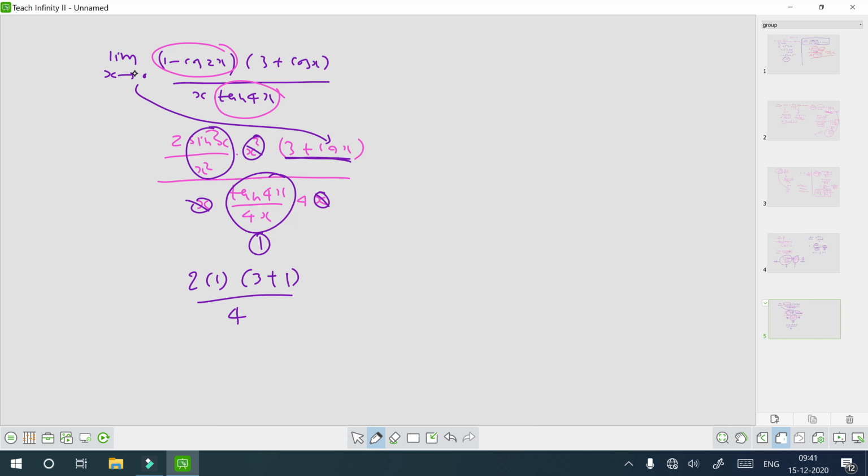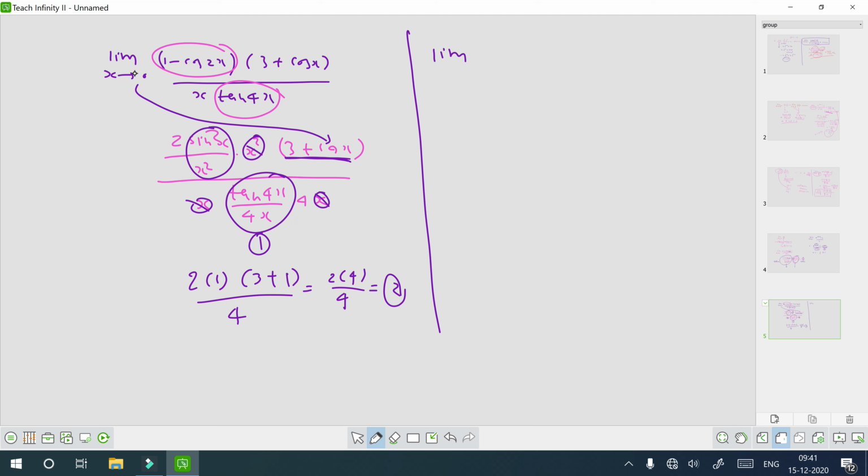Yes or no? Because then 4x over this thing. So 2 into 4 by 4. So answer comes out 2, since cos 0 is 1. Clear? Very good.